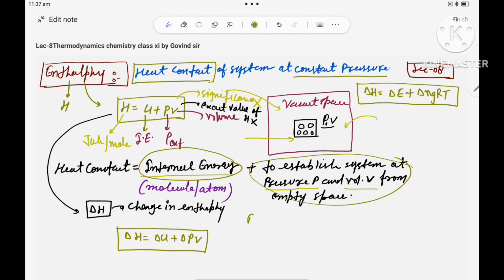You know that P1 V1 is equal to P2 V2. PV are the variables here. So you can write delta H is equal to delta U plus, in place of delta PV, P2 V2 minus P1 V1. That is the formula which we will use in that case.